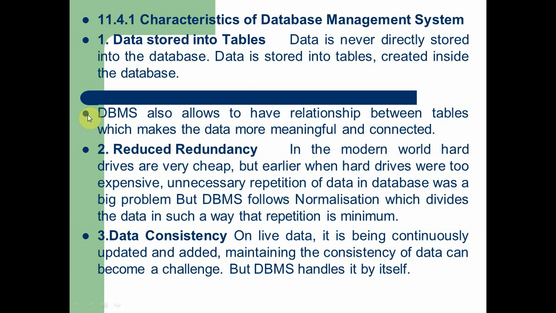In the modern world, the cost of hard drives is very cheap, but in older days, the early days, hard drives were very expensive. So a DBMS which provides redundancy, meaning duplication of data, is called a loose database because it cannot provide effective or optimized use of hardware.